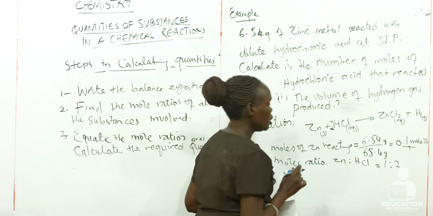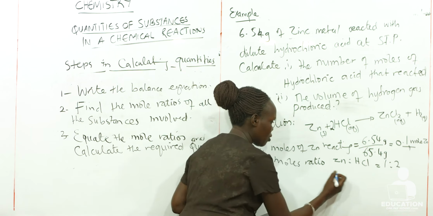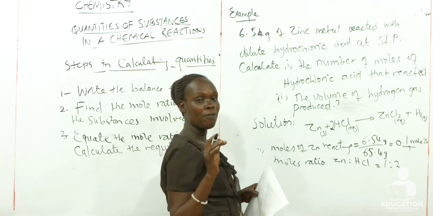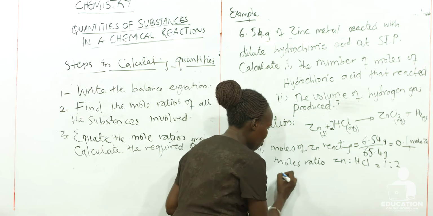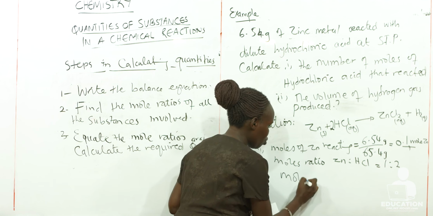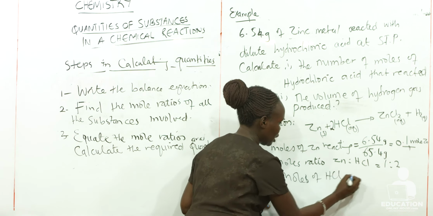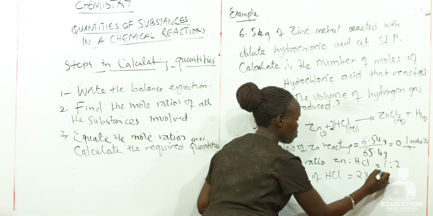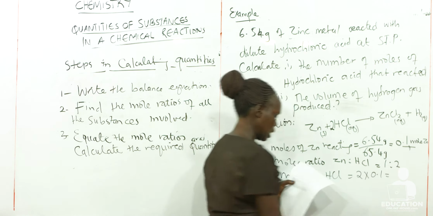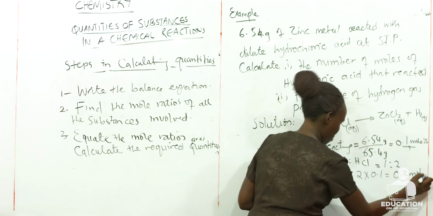So 0.1 multiplied by 2, for hydrochloric acid, so that we get the number of moles of hydrochloric acid, which is 2 multiplied by 0.1, which in this case is 0.2 moles.